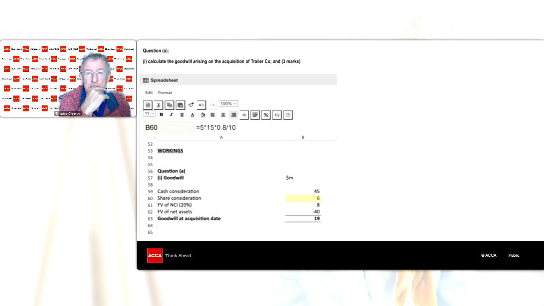Pre-populated spreadsheet. This answer was correct. The goodwill arising on acquisition was 19.